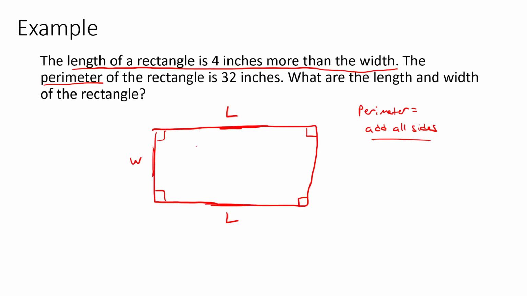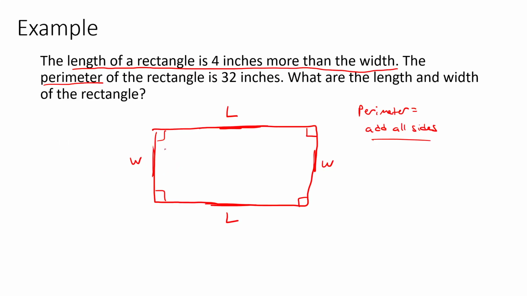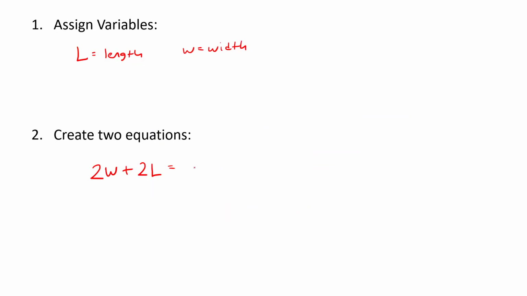And if this is W, then this side is also W. So there are two W's and two L's. Starting to write our perimeter, we can say 2W plus 2L, and that's going to be equal to 32 inches. They're telling us the perimeter of the rectangle is 32. That's one of our equations.